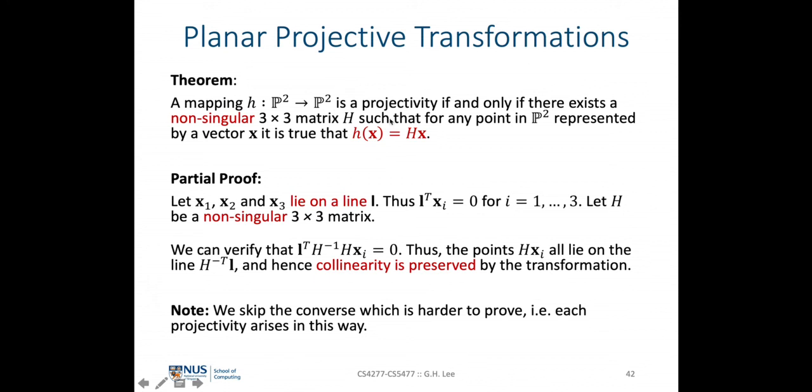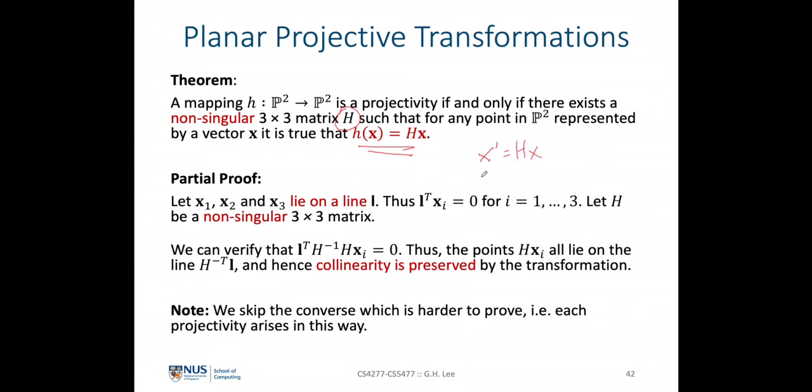And this mapping is a projectivity if and only if there exists a non-singular 3x3 matrix, which we denote as capital H over here, such that for any point in the 2D projective space represented by a vector x, it is true that the mapping follows this particular function, where x prime is given by H multiplied by x.